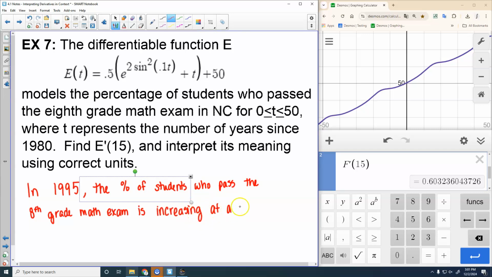At a rate of 0.603, what units? It's not number of students.